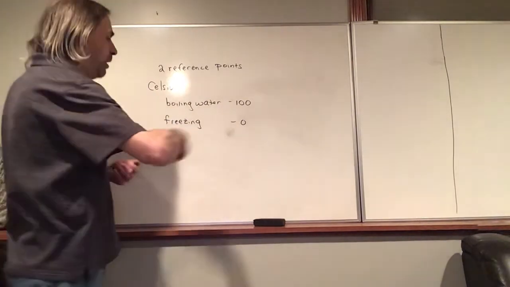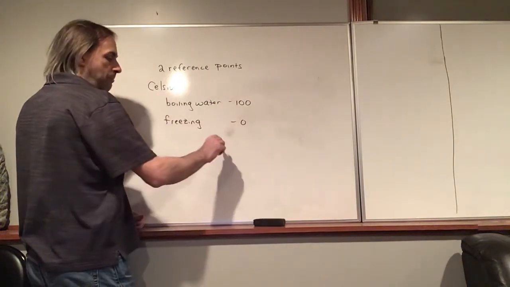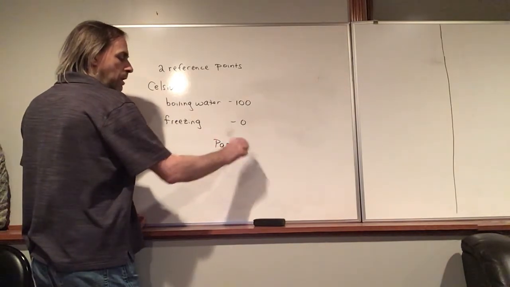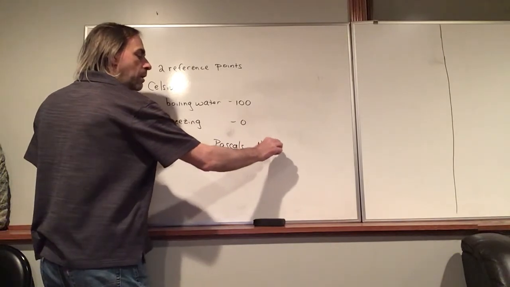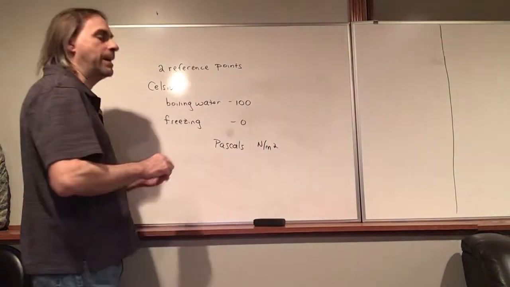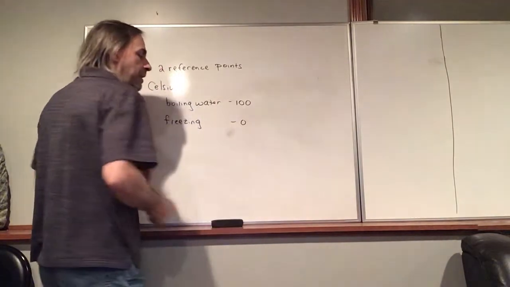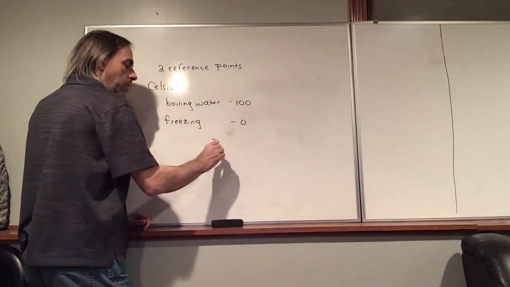But pressure, we can define it precisely in something called pascals. A pascal is a Newton per meter squared. A pressure is a force divided by an area. So we do have a standard pressure, we can just give it a value. Might as well tell you what that is.